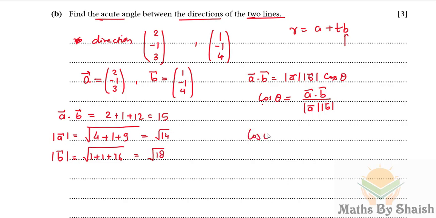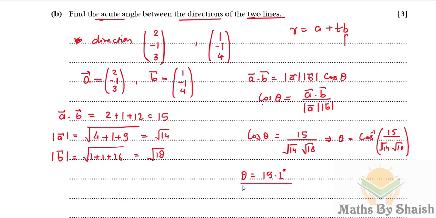So from here we get cos theta as 15 over root 14 root 18, or theta is cosine inverse of this, which we will calculate from the calculator, and the answer is theta equals 19.1066 and so on. We write our answer to 1 decimal place in degrees, and it is going to be 19.1 degrees. That is the acute angle.